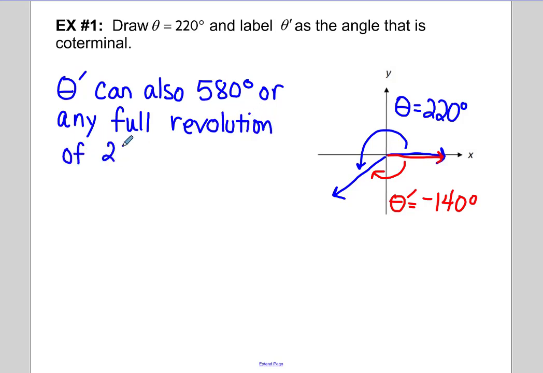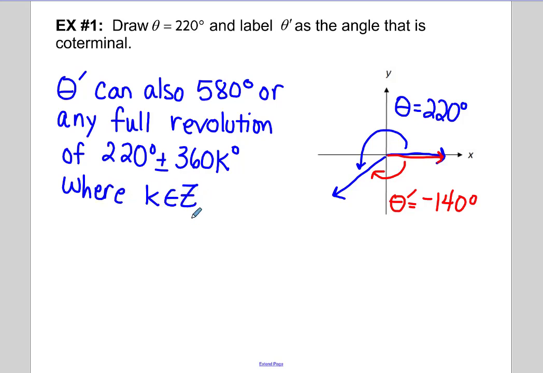We could write that symbolically: 220 plus 360k degrees, or it could be minus 360k degrees as well, where k is an integer, where k belongs to the set of integers, because the set Z stands for integers. So 0 and all the positive and negative whole numbers.